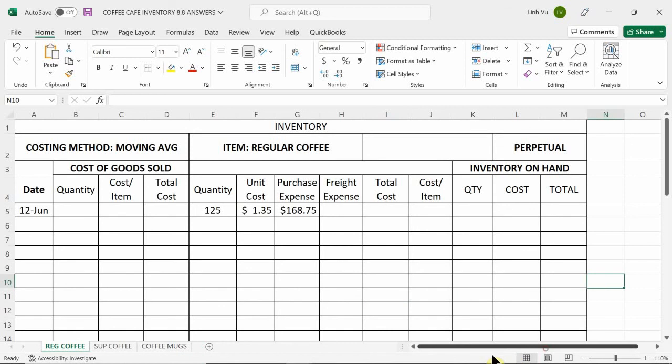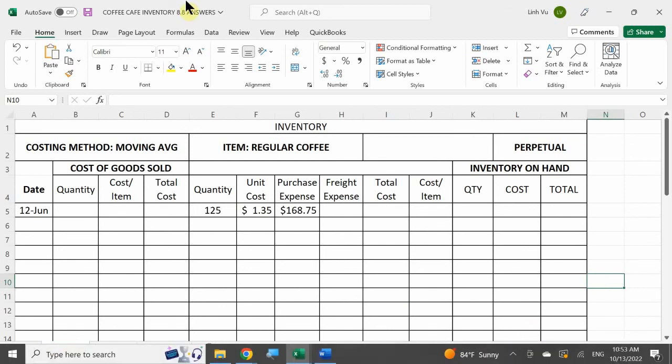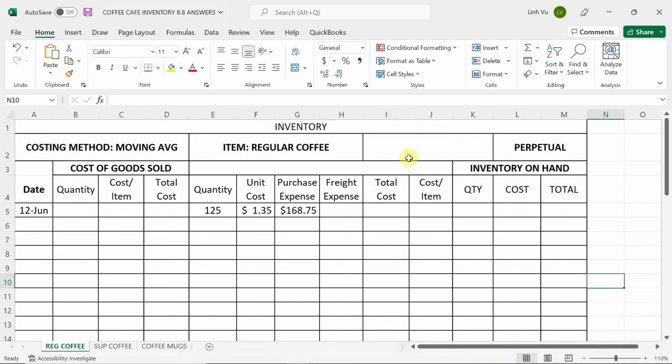Now it says freight expense and then total cost. Yes, you will incur freight expense, but right now you don't have it. So I'm going to leave my worksheet the way it is because I'm not done with it yet.